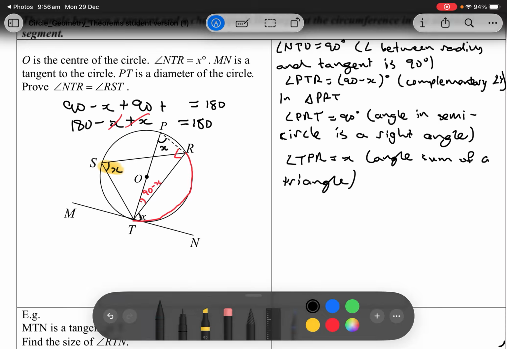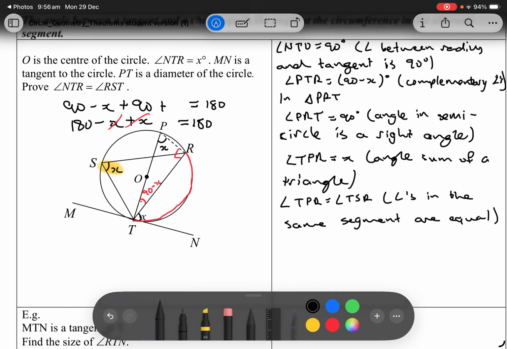So we can therefore say angle TPR equals angle TSR. The reason is angles in the same segment are equal. You can also write standing on, or subtended by that same arc, or standing on the same arc. Or you can write it like this, are equal.